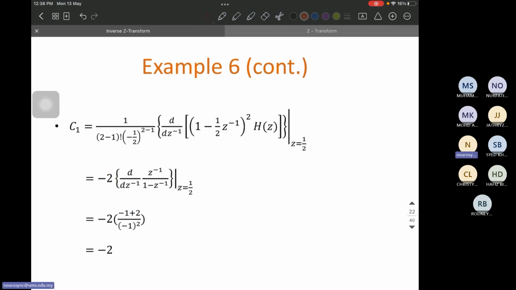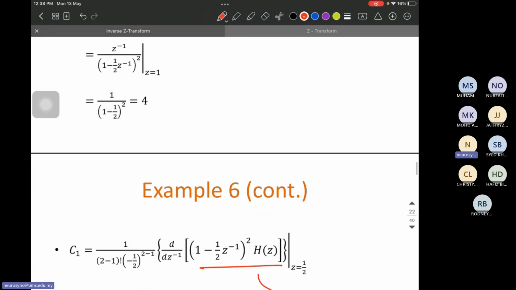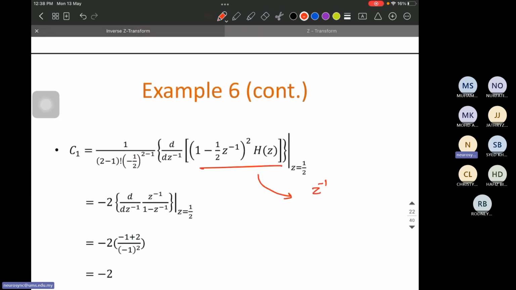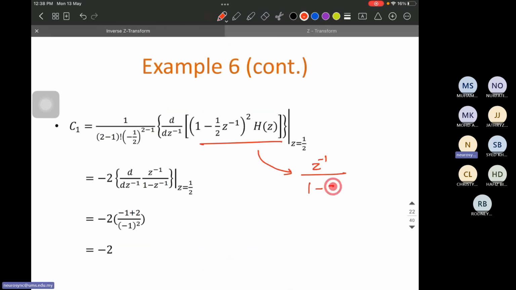Then the derivative with respect to z inverse. If you multiply this, so in the denominator we will be left with only z inverse divided by 1 minus z inverse.